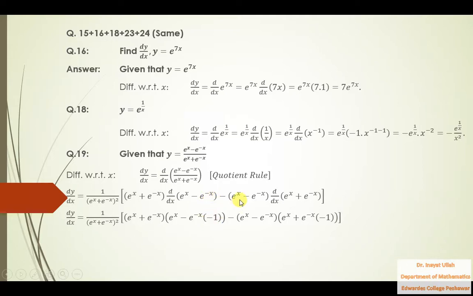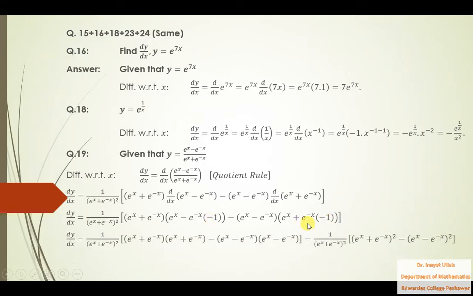In the same manner, the derivative of e power x is the same e power x, and the derivative of e power minus x is just like that one. Now we just need to simplify these two factors. Multiply this negative sign here, so that will become plus, and multiply this negative sign here, that will become minus.